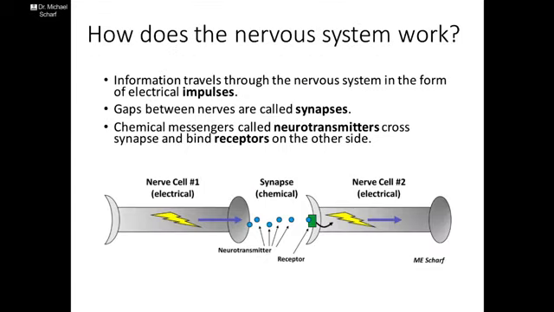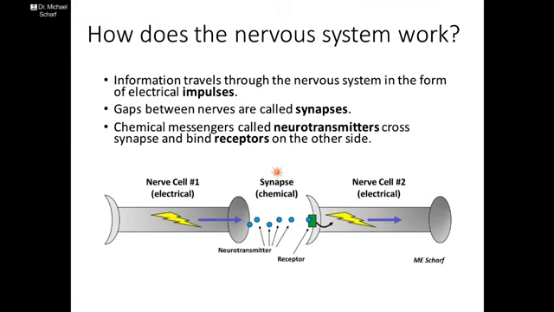So how does the nervous system actually work? Information travels through the nervous system in the form of electrical impulses, and that's what this little lightning bolt represents. Electrical energy moves down a neuron, a nerve cell, and then comes to these gaps.